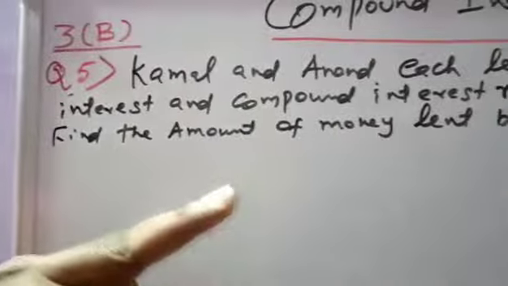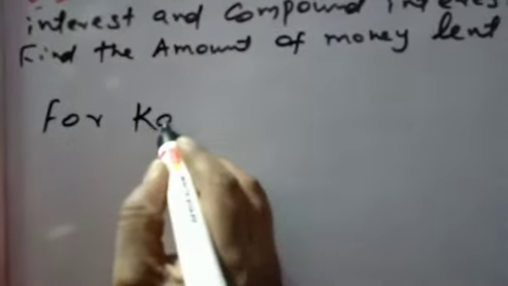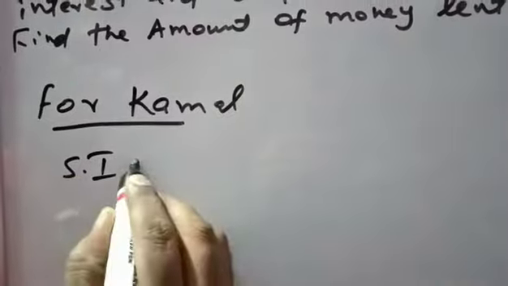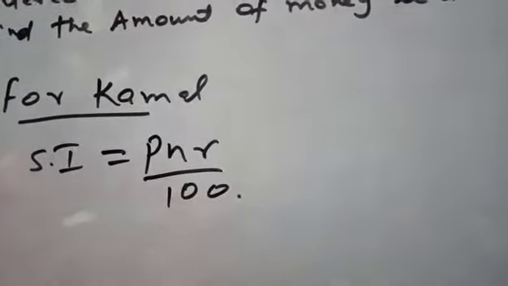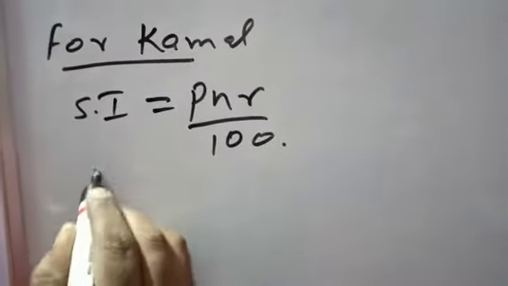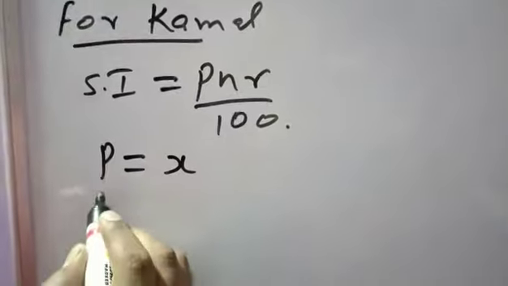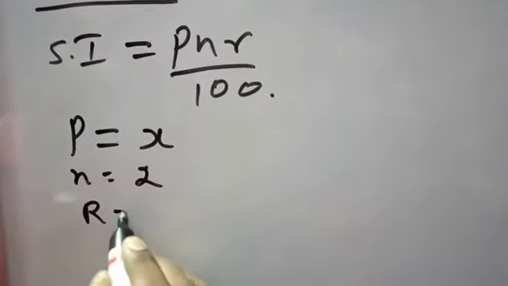Kamal is giving simple interest. So for Kamal, simple interest is PNR by 100. We can take principal as x, number of years 2, rate of interest 5%.